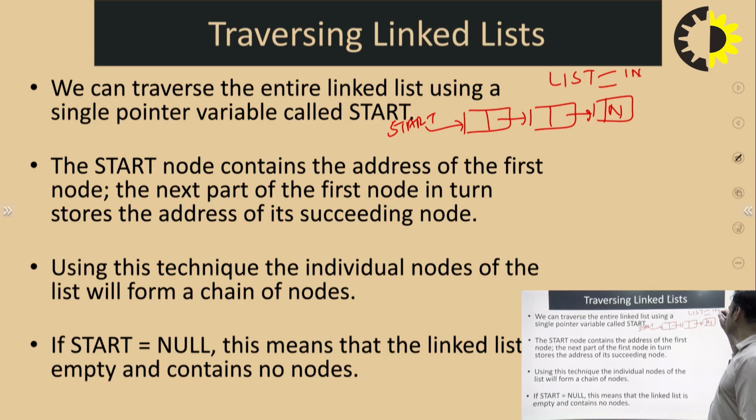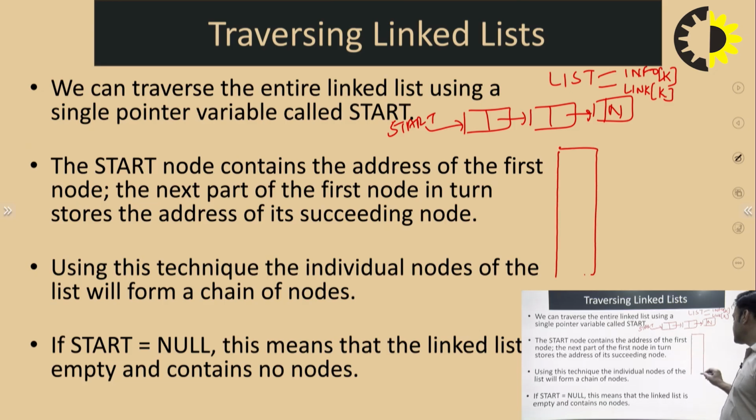The first linear array is called the information linear array, and the second linear array is link. If I show you the illustration, the memory representation, it will be like this. For example, this is my one linear array. The name of this linear array is info.